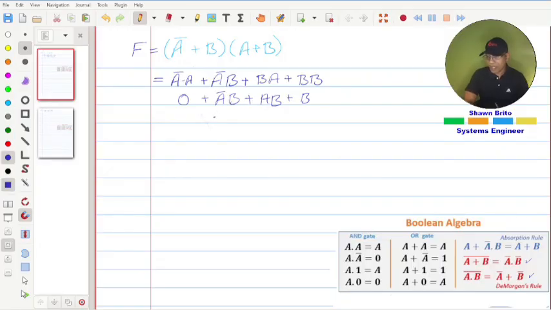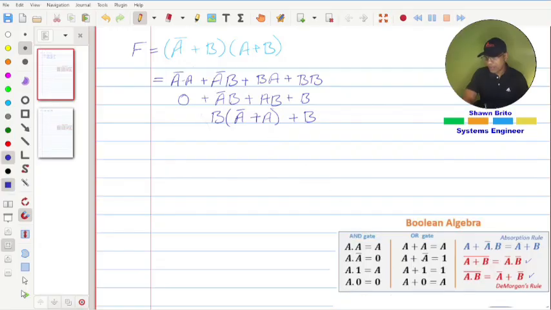Now I can take out the B, which leaves me with A bar plus A, plus B, using standard algebra rules. A bar plus A is an OR gate, which is here.